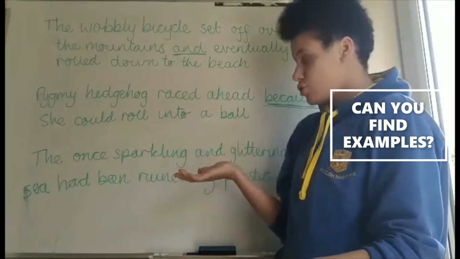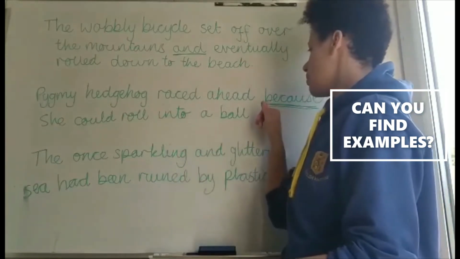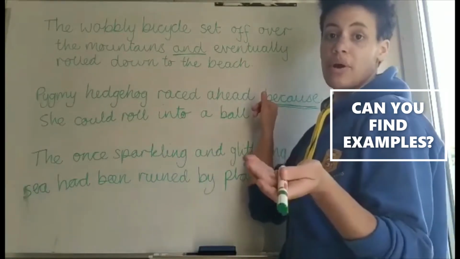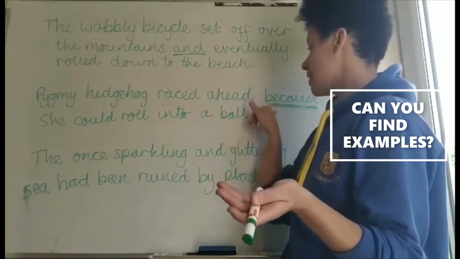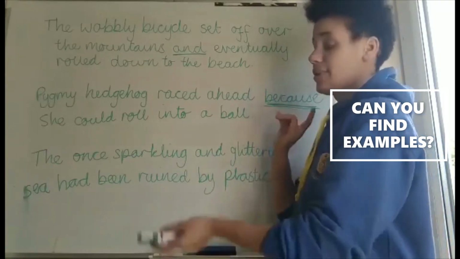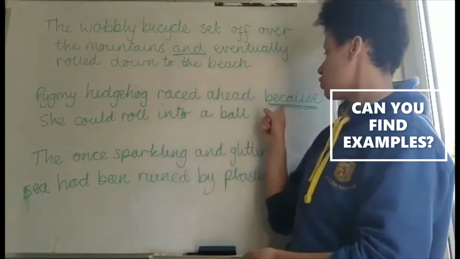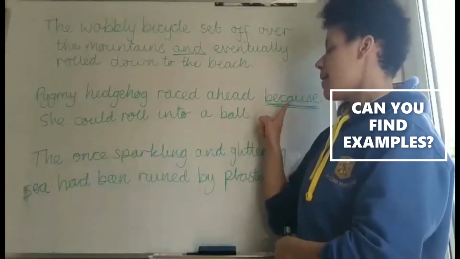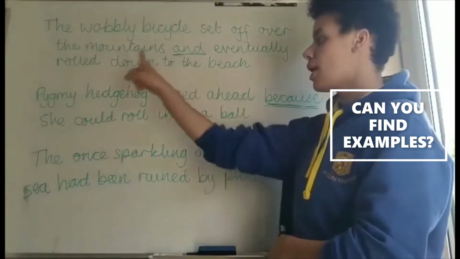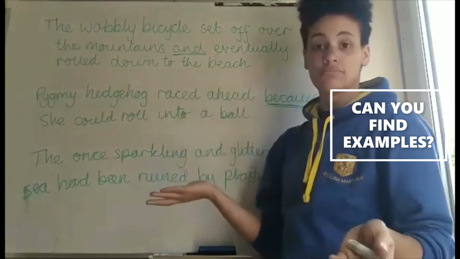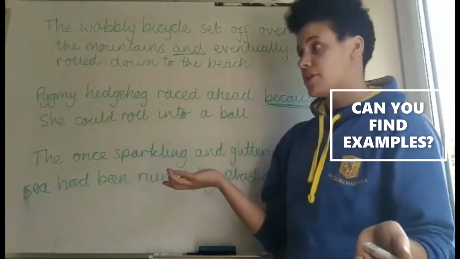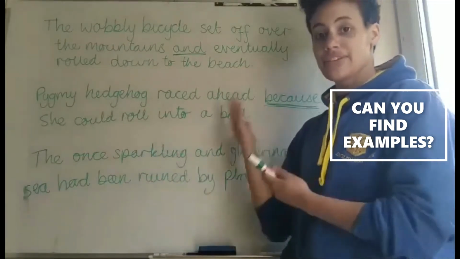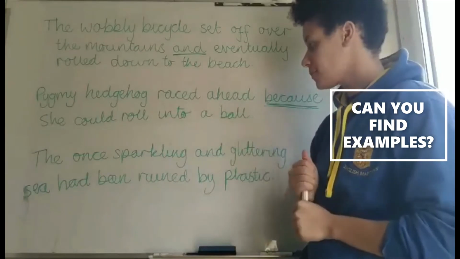That's why she did it. She could roll into a ball. So another trick with our subordinating clauses is that we can swap them around in the sentence. So we could put this one first, if it makes sense. Because she could roll into a ball, Pygmy Hedgehog raced ahead. Still makes sense. That's proof that it's a subordinating conjunction, and this is our complex sentence.